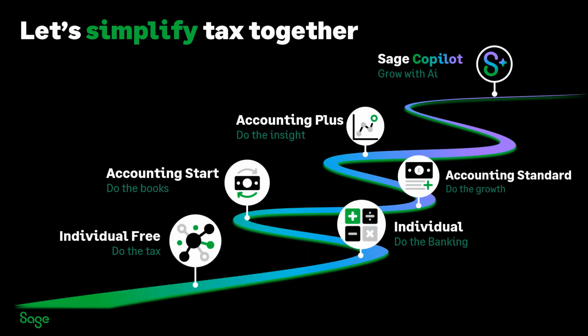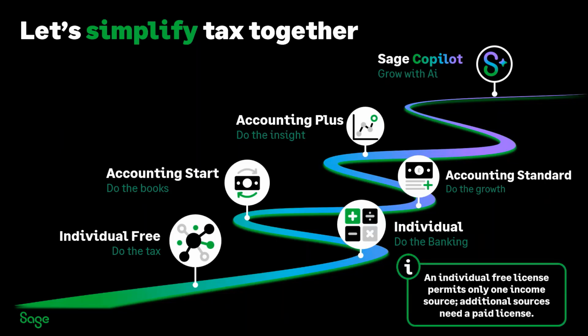One thing I do want to mention, I can see we've got questions about it. Well, actually, I've got multiple income sources. So how does this work? With Individual Free, it only permits one income source. Any additional income sources, you will need additional paid licenses. For example, you've got one sole trader business, you could have that on Individual Free, and then say you own 3 properties. For those other properties or other businesses, you would need to pick a paid product.